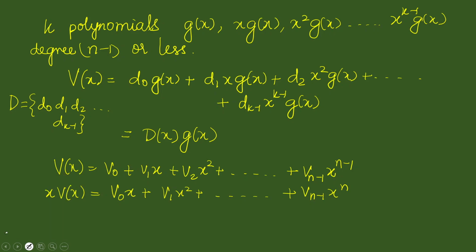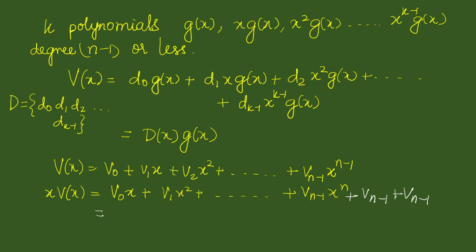So keeping this in mind, I'll add v of n minus 1, and since subtraction in the modulo 2 adder is the same as addition, I'll add and subtract.